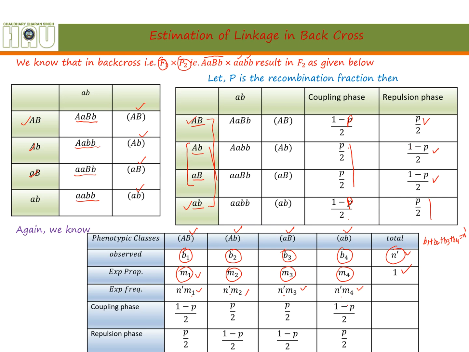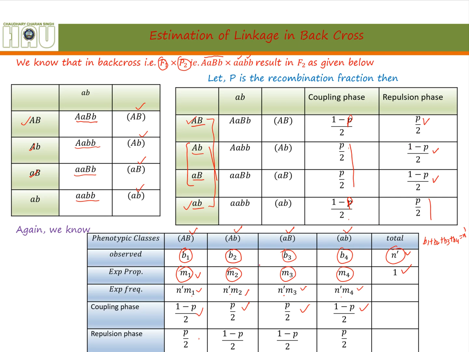And in coupling phase, these are the recombinant fractions, which I have already given. Keep this in mind for when we estimate linkage in backcross: what is the recombinant fraction in coupling phase and in repulsion phase, what are their expected proportions, and what are their expected frequencies.